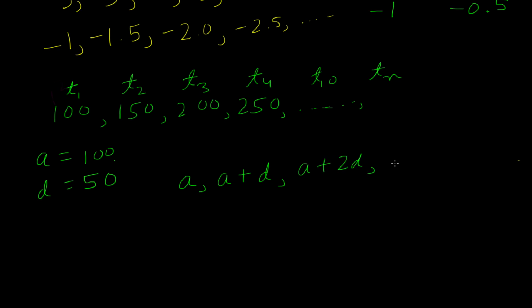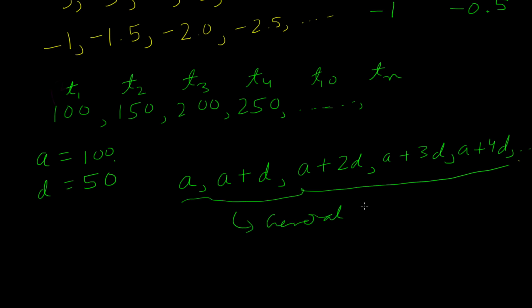What do we do after that? We add d to this. So it will be a plus 2d plus d. So it will be a plus 3d. The next term, a plus 3d plus d, that is a plus 4d, and so on. This thing is called the general form of an arithmetic progression.